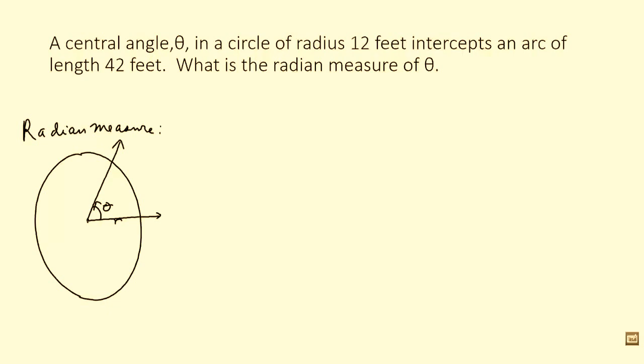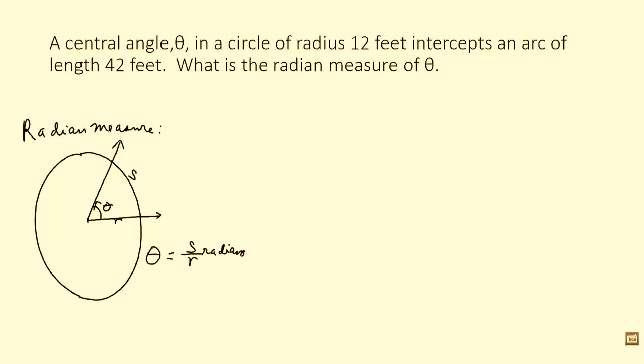Theta is given by S divided by R, the radius of the circle, and of course this is in radians.